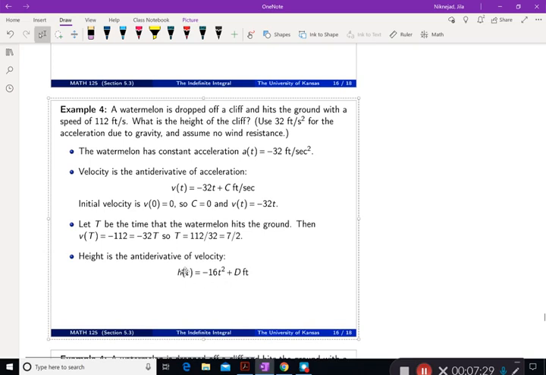What I know is h at 0 minus h at 7/2 is going to be the height, because the difference between the two of them is exactly the amount that the watermelon traveled, and that's the height.